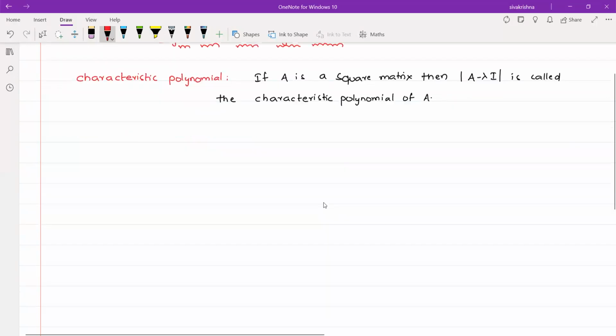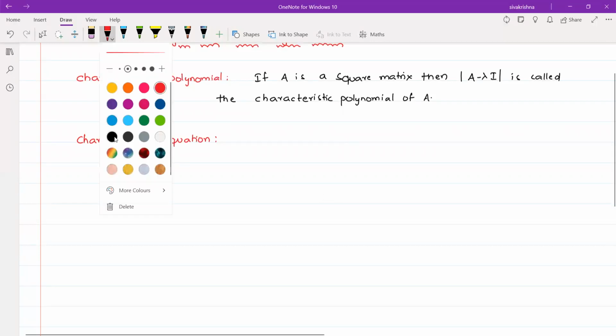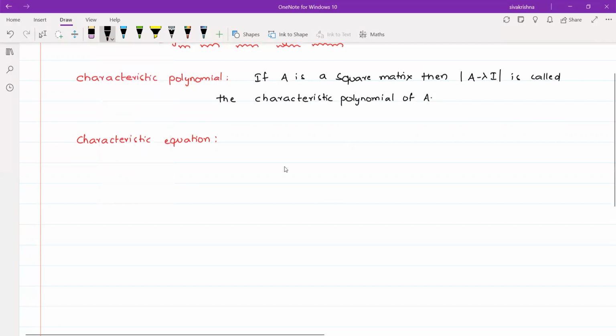After that, I am going to define the characteristic equation. In the above definition we defined a characteristic polynomial.